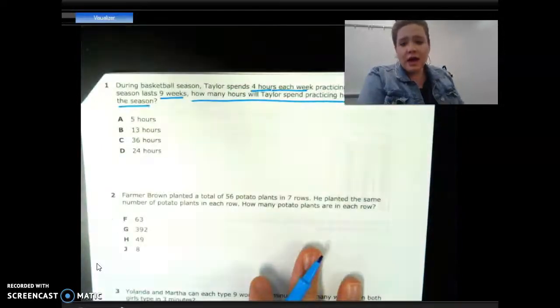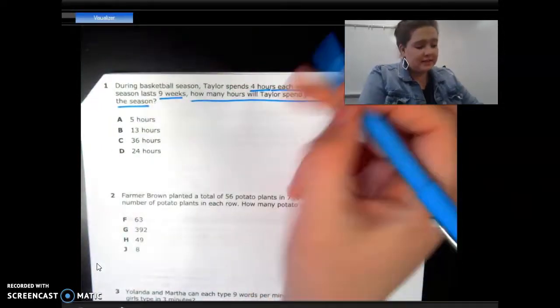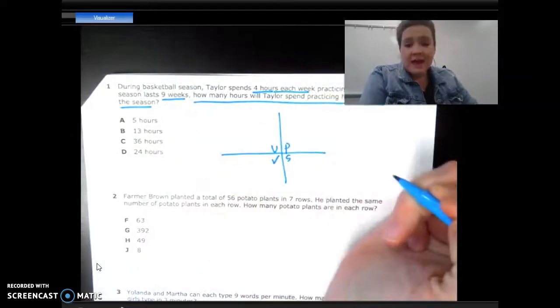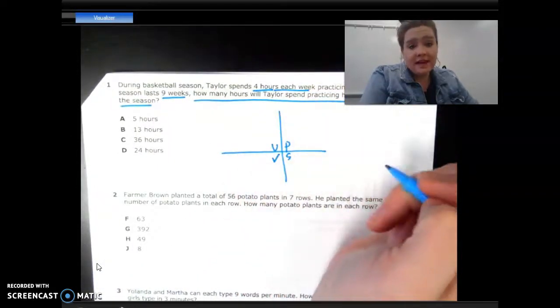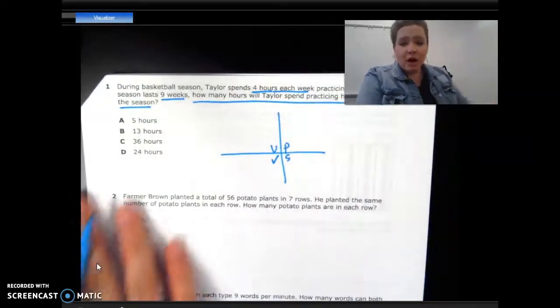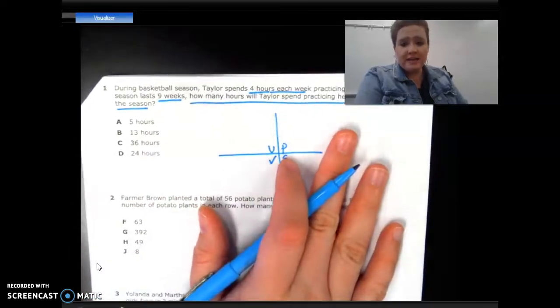Okay, so ideally, you did a UPS check on your paper, okay? And you worked out all of the steps, but for the sake of time, and because I want to spend time on another problem, I'm not going to go through all of this, okay?